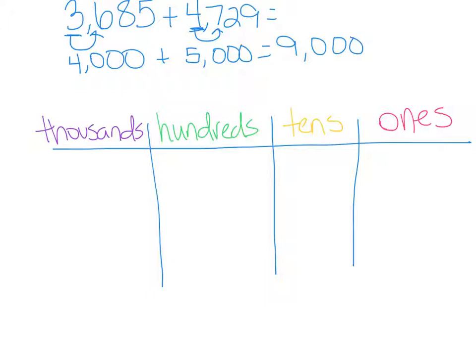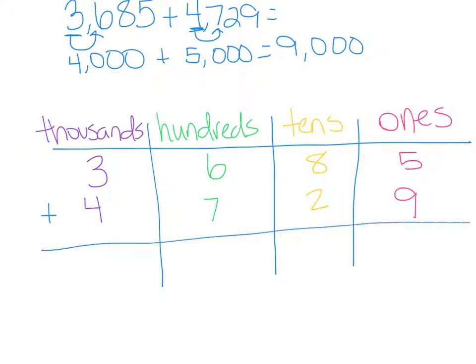Okay, so I have 3,685 plus 4,729. Okay, and I'm using U.S. traditional addition.